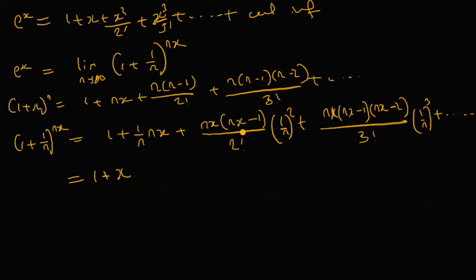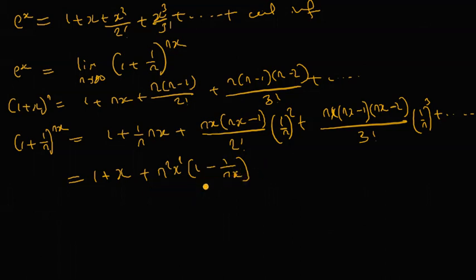Now what do you have here? We can always factor out x to get n squared x squared, then 1 minus 1 over nx, because when you multiply it out, you have n squared x squared, then you have nx. Yeah, so that checks out.